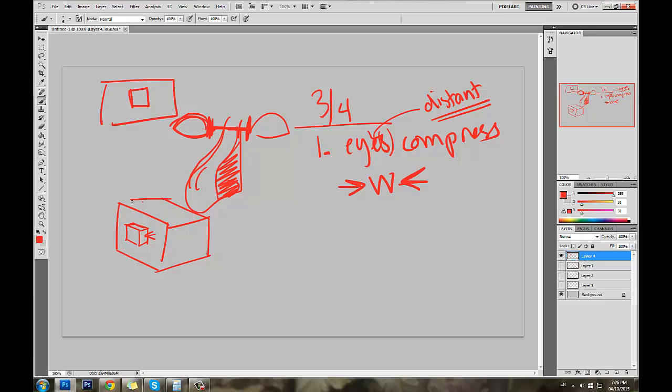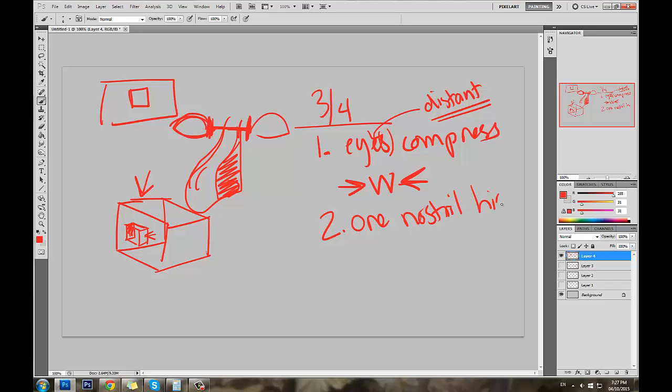Don't show it because that face right here of the cube is looking in a completely different direction. It's looking in the opposite direction. Same with this side, looking in an opposite direction. So if the one nostril is always hiding, let's make it easy and simple.